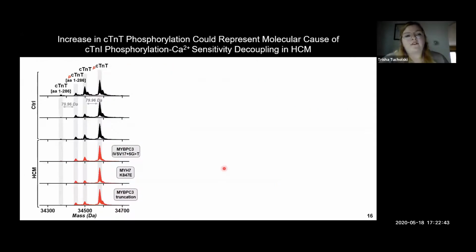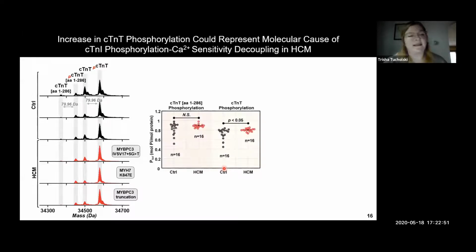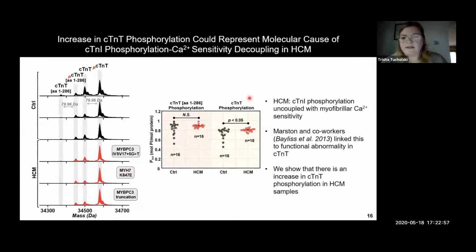Okay, and then moving on to another member of the troponin complex in the sarcomere, cardiac troponin T, we observed a slight increase in the phosphorylation for cardiac troponin T in the HCM samples. Our collaborator, Steve Marston's group, a few years back found that TnI phosphorylation is uncoupled from myofilament calcium sensitivity in HCM hearts.